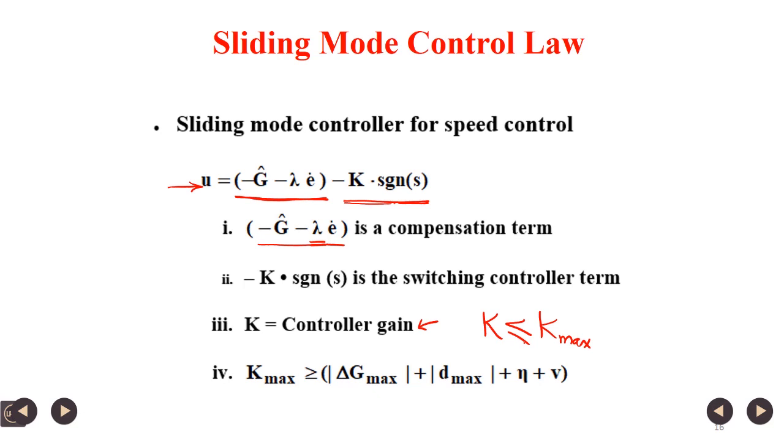So, for example, there are 4 terms to compute k max, which is greater than delta g max. So, g is g hat plus delta g, where g is the system model. So, g hat we are taking in the compensation term, delta g is the unknown, uncertain part, and what is the maximum value. Okay.